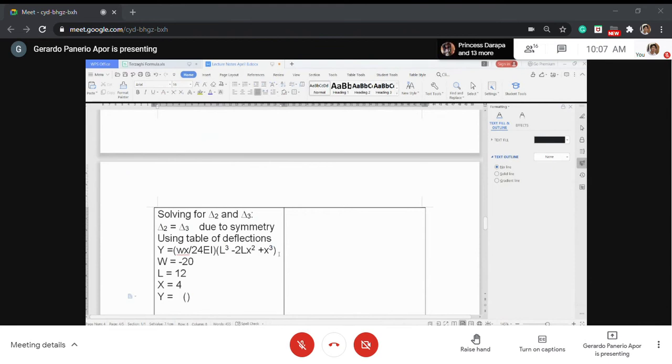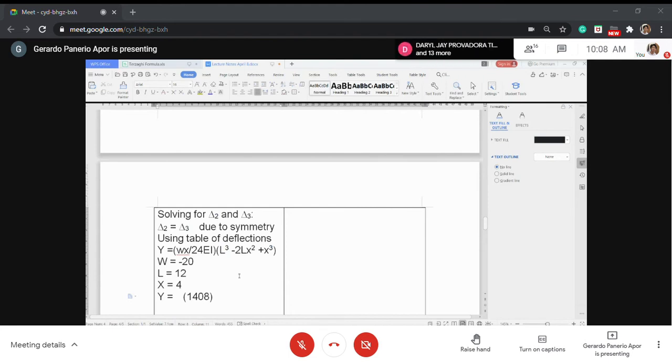So that is 1408. The unit of the inside is meter cubed. Okay, you have 12 times 12 times 12 minus 2 times 12 times 12 times 16 plus 4 times 4 times 4.